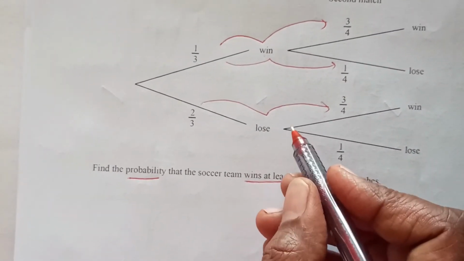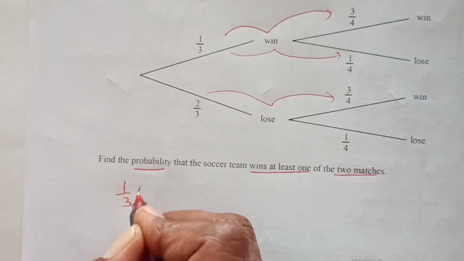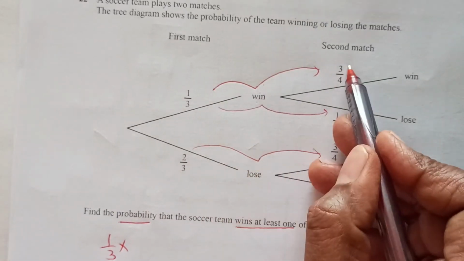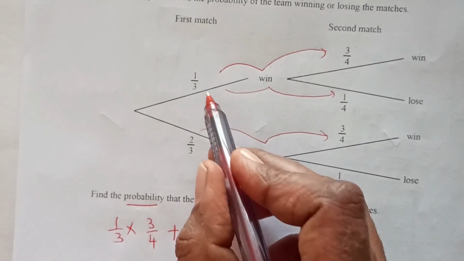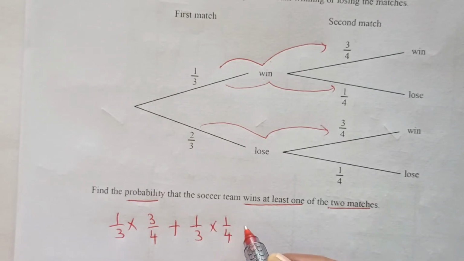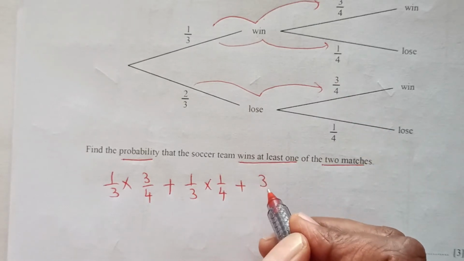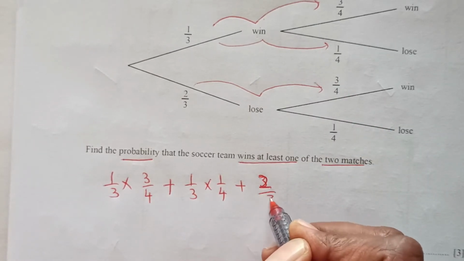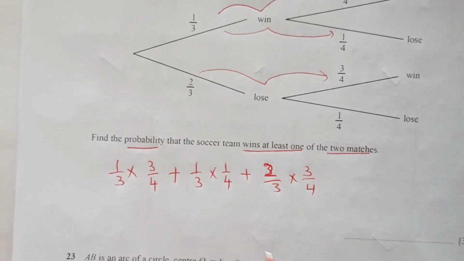So the first one is 1 over 3 times 3 over 4, plus again 1 over 3 times 1 over 4. Then the next one is 2 over 3 times 2 over 3 times 3 over 4. So we can simplify this now if possible.